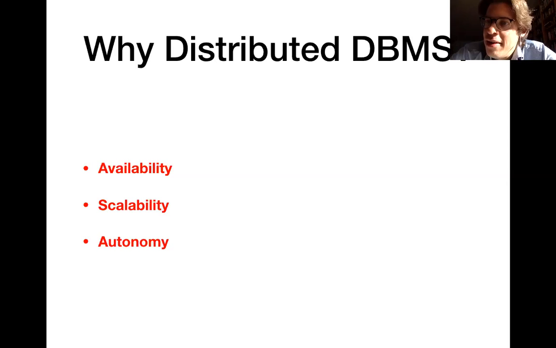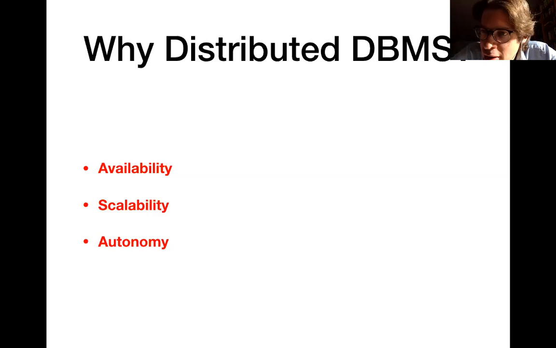And then finally, there are scenarios where the data on those different sites actually does not belong to one single organization. So those different sites might have some sort of autonomy, and perhaps the different sites don't want to completely publish their data, but only make it available under certain conditions and with specific interfaces.